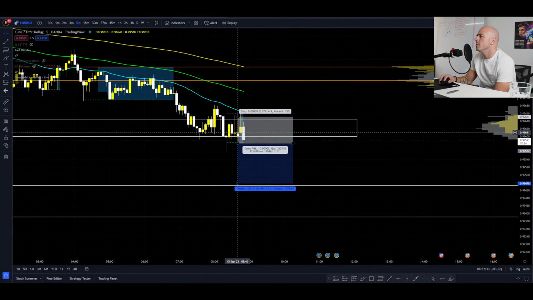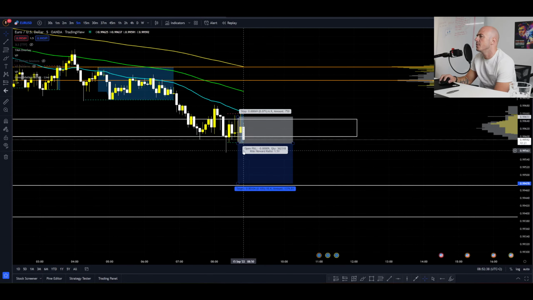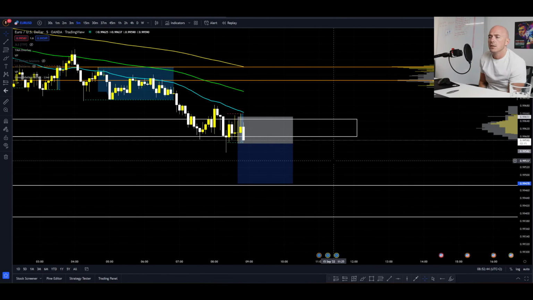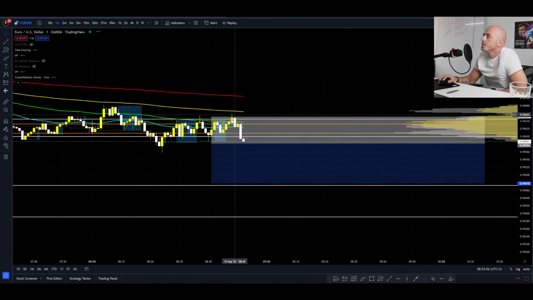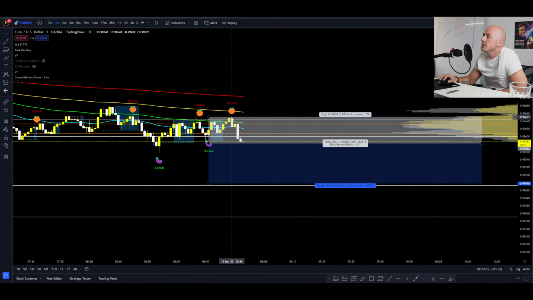So, doji candle, but I still count it as, that could be a 3-line strike forming on Euro USD. We did get it on the 1 minute though. Boop, boop, boop. 3-line strike. Peaches.